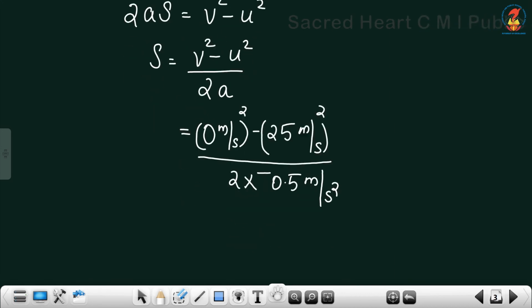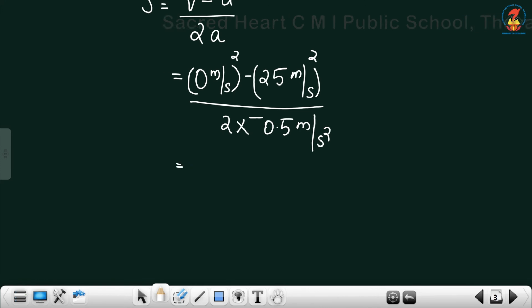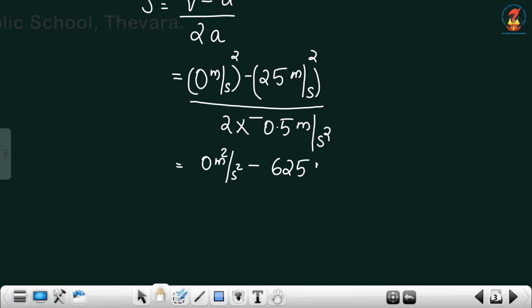Now, 0 meter square by second square minus 25 square, 625 meter square by second square, divided by 2 into 0.5, 1. So, minus 1 meter per second square.